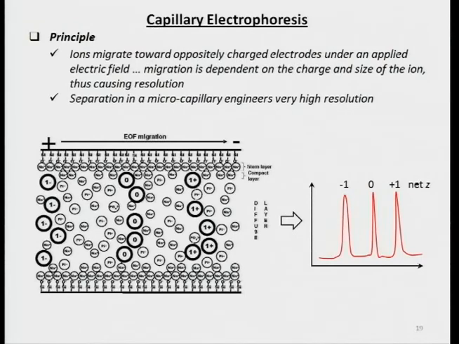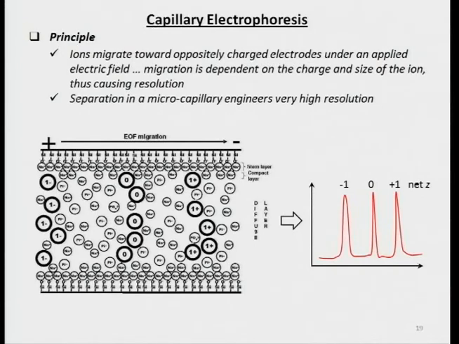So the positives would definitely be attracted towards the negative electrode, but even the uncharged move towards one side, and even the negatively charged molecules would move towards the negative electrode. So that's the difference.